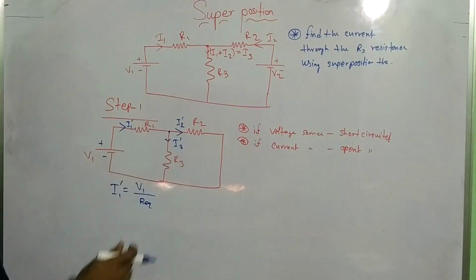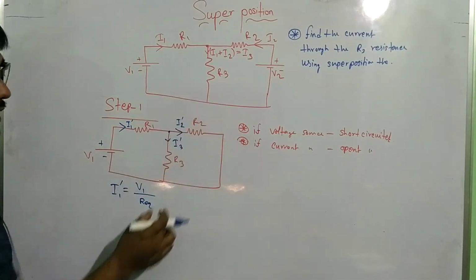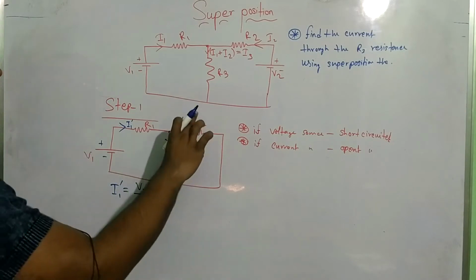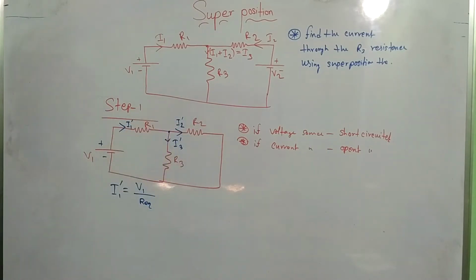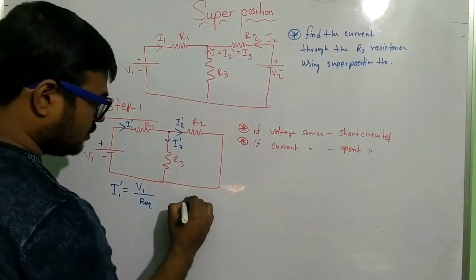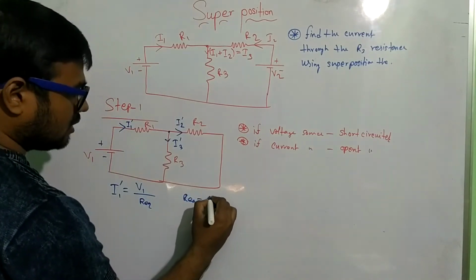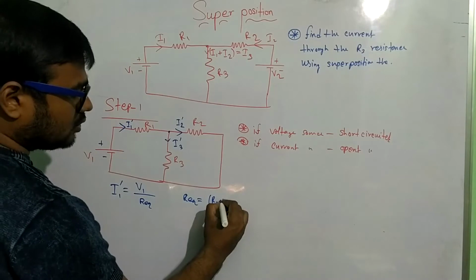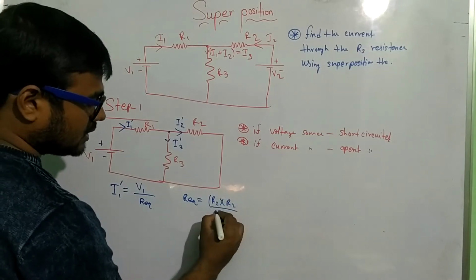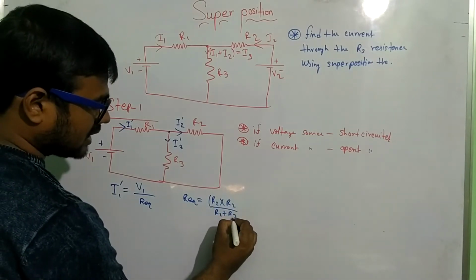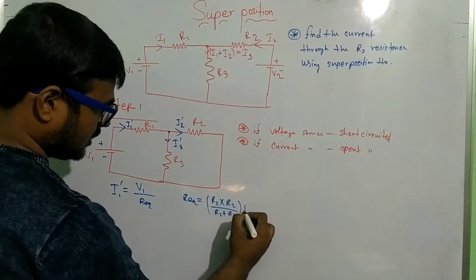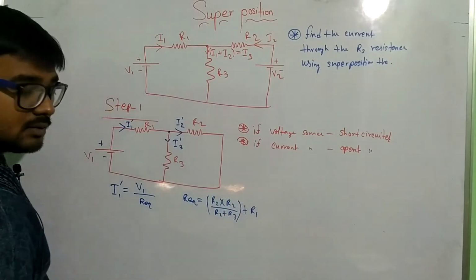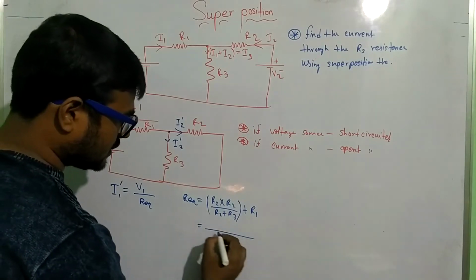Here R equivalent means R2 and R3 are in parallel and the resultant is in series with R1. So what is the R equivalent value? R equivalent equals R2 into R3 by R2 plus R3, then plus R1.